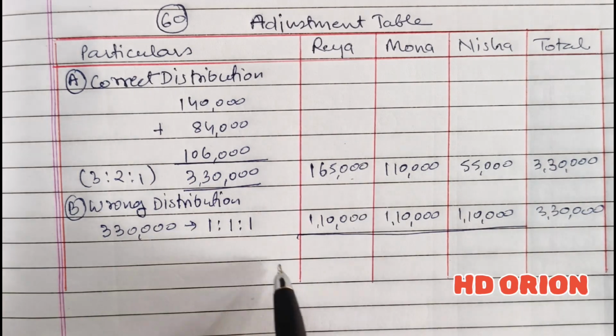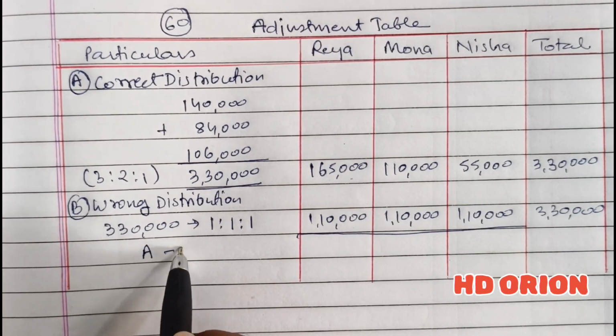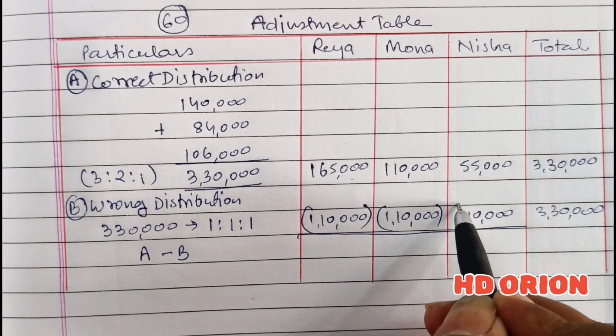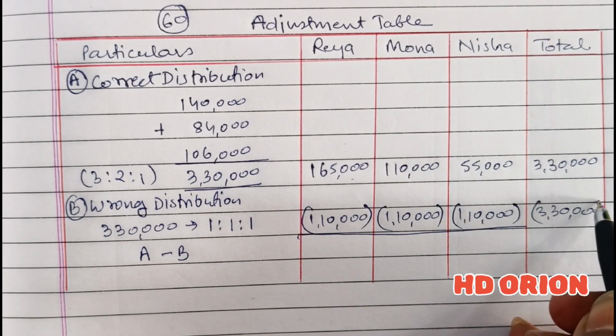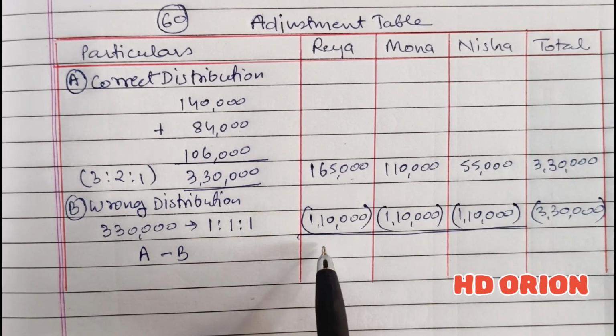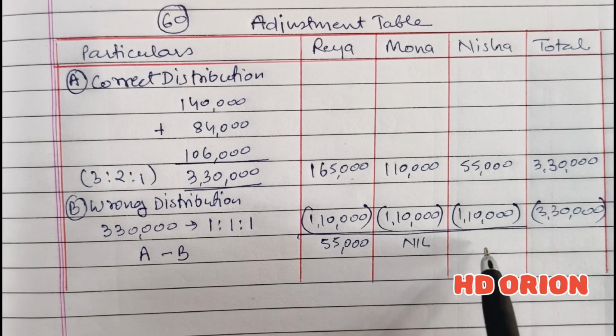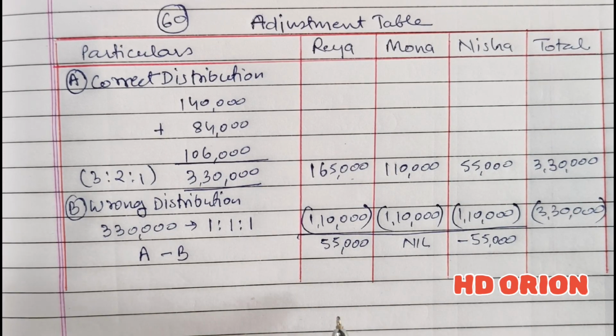Now when we subtract it, A minus B, fine, we will subtract this to find out the difference of amount which they have received. Fine. So here it is 55,000 positive, here it is nil, and here it is negative 55,000, because what one partner has received extra, the other partner is deficient of the same amount.